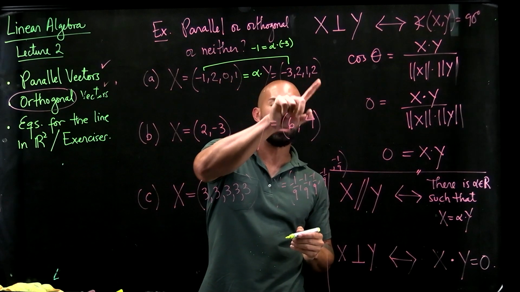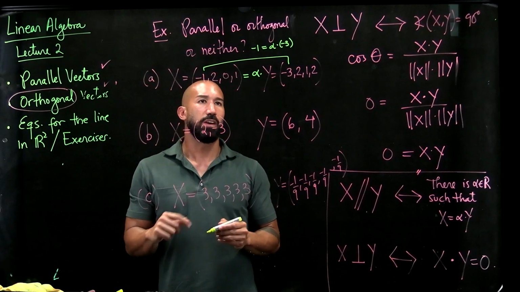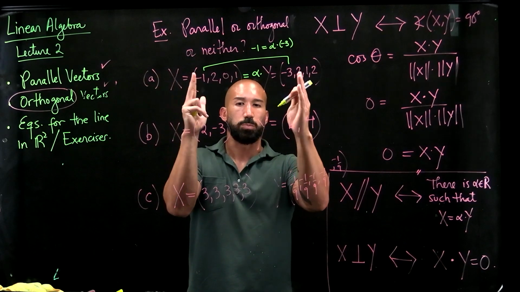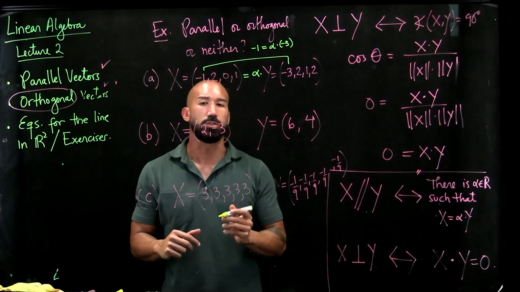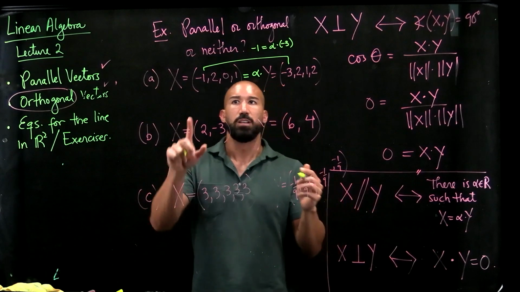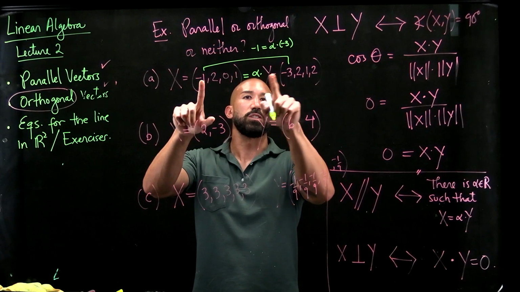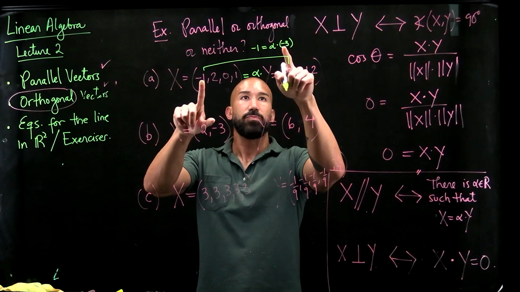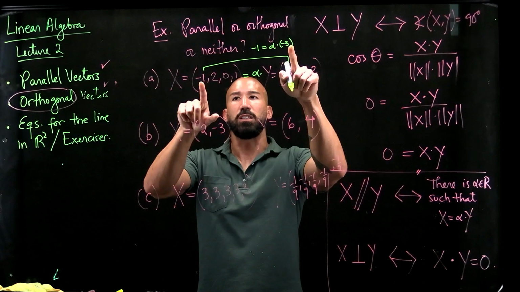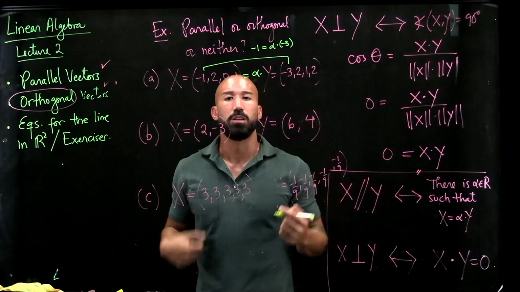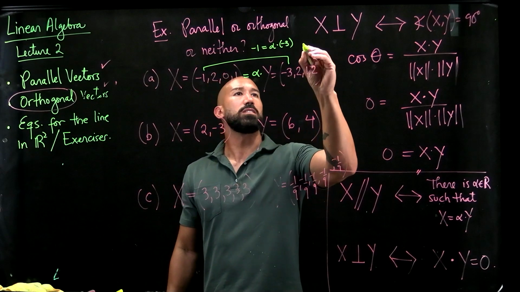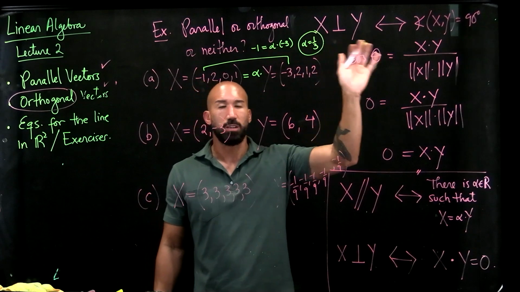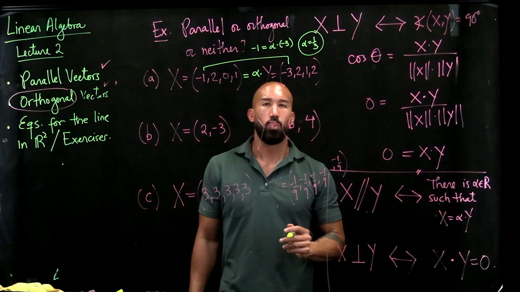Multiplying every component of this vector by alpha. And if these two vectors are equal, the corresponding components need to be assigned the same value. So the first component of alpha times y is going to be alpha times -3, and needs to be the first component here. So this equation needs to be satisfied, with this telling us that alpha is equal to 1/3. If some alpha works, it has to be 1/3.